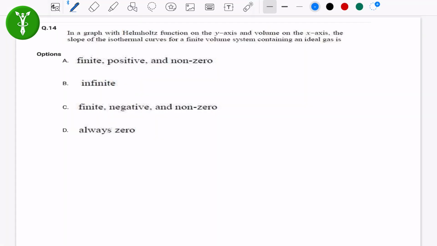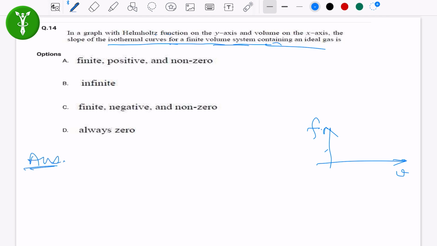Here we have been asked to calculate the slope of the isothermal curve for a finite volume system containing an ideal gas. In this scenario, the Helmholtz function is on the y-axis and specific volume on the x-axis. So what is the expression of F?